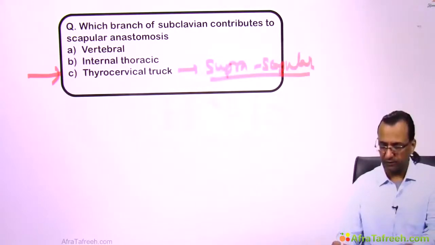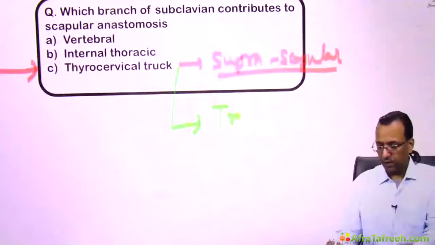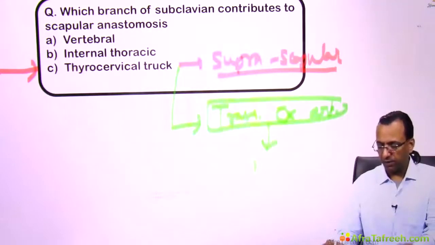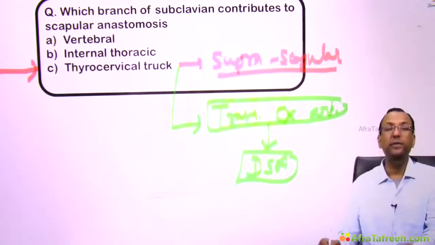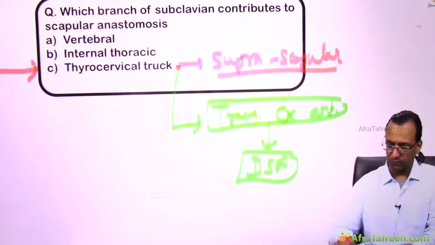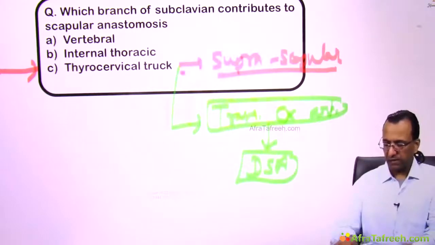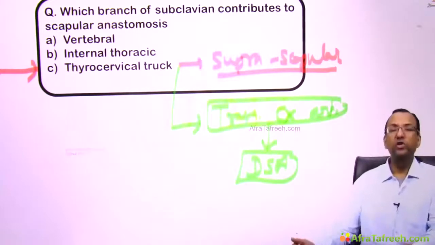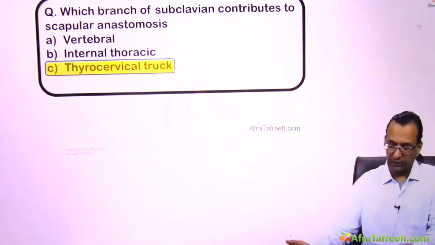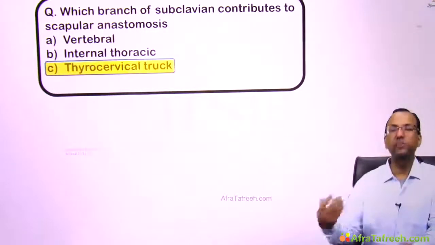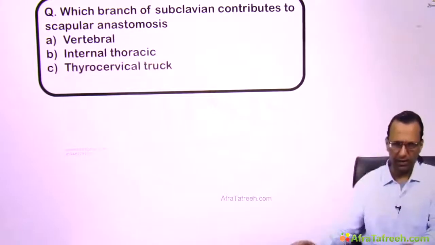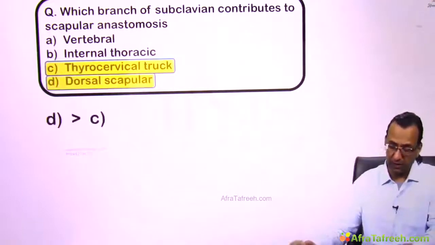And sometimes we have also seen that the thyrocervical trunk gives us the transverse cervical artery, the transverse cervical artery gives us the dorsal scapular artery, and then the dorsal scapular artery participates in scapular anastomosis. But this is an indirect course. So my point is that of course C can also be the answer because it is also participating in the scapular anastomosis indirectly, but still D is better than C.